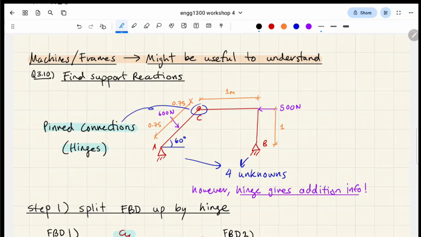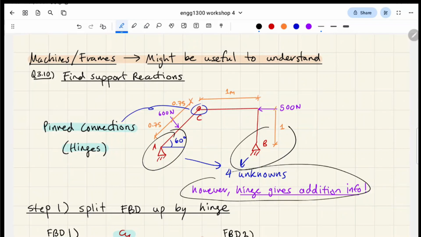Here we have that pin connection that I was talking about last workshop. And we also have two pin supports, which normally would be statically indeterminate, but hinges give you additional information. So that allows us to solve for this frame, right?